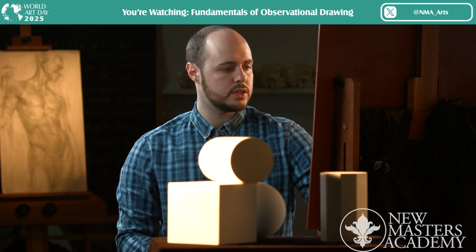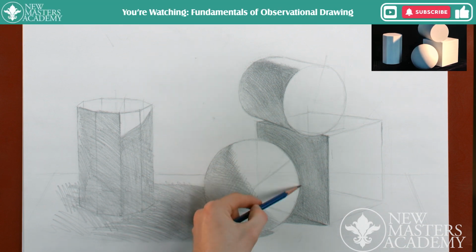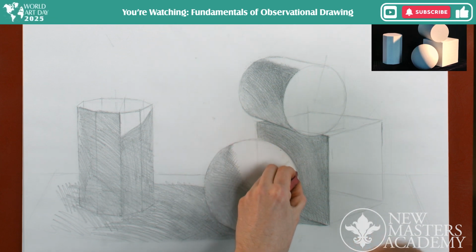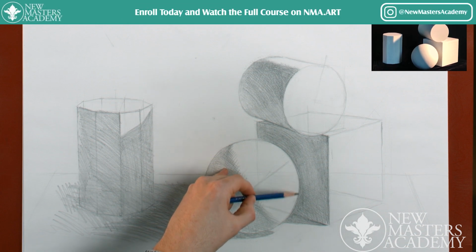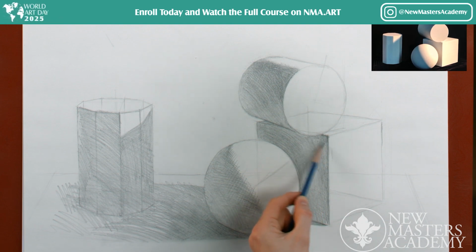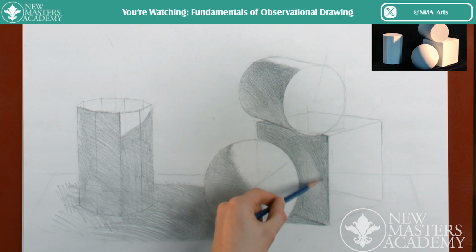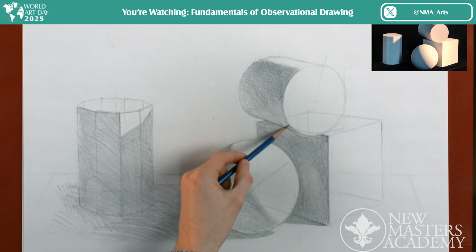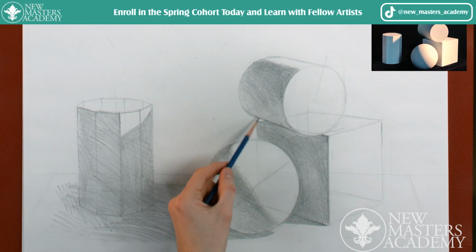And I'm going to just go over this. And as we go, you might want to get a little bit of clarity on the sphere itself, using the shadows around it to get a clear, clean edge. Here we have an area of reflected light that's also coming off of the surface of our sphere.